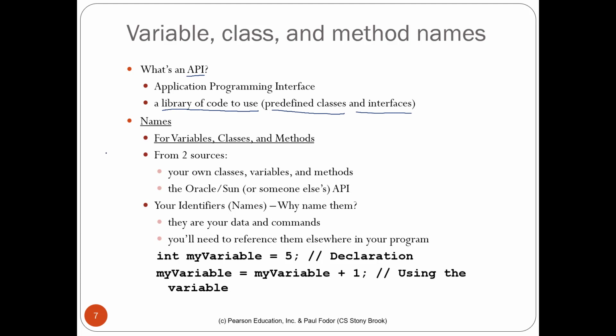When we say that we have to give some name, then we have to find the identifiers. Names are also called identifiers in Java. Identifier is more general. So when you say that we have to find a name, that means you have to find the identifiers.